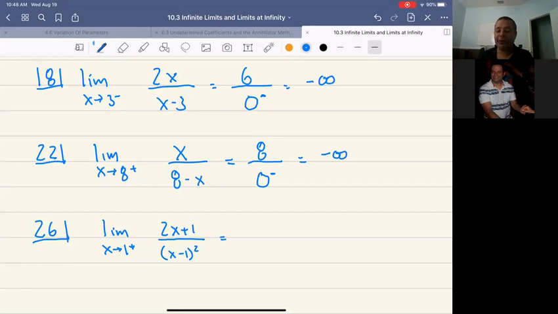The numerator is again pretty easy. It's not 0, it's 2 plus 1, that's 3.